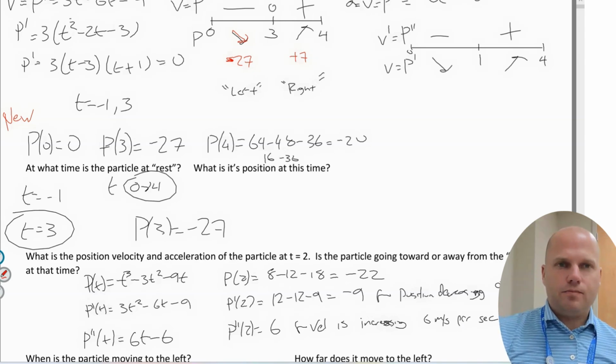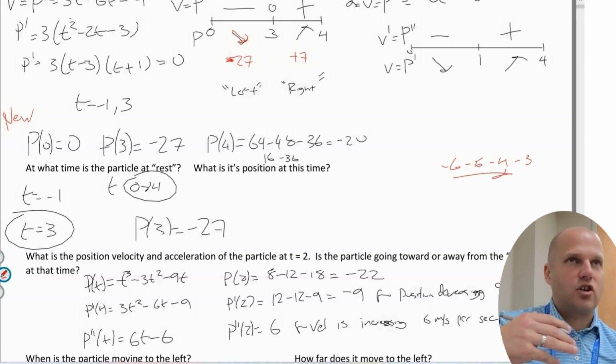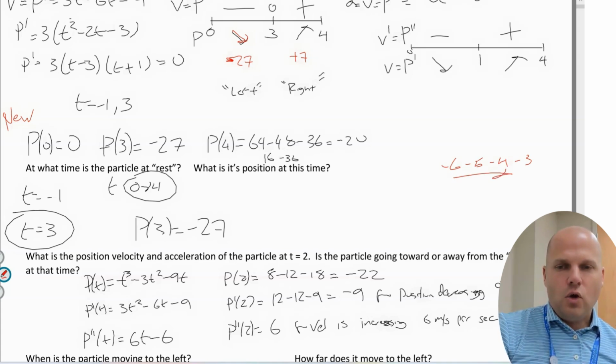Now, this is important. At 2, my velocity is negative, but my acceleration is positive. My velocity is negative, but my velocity values are going up. If you have negative values going up, your values are getting closer to zero.